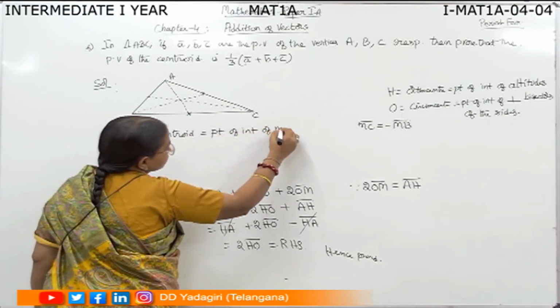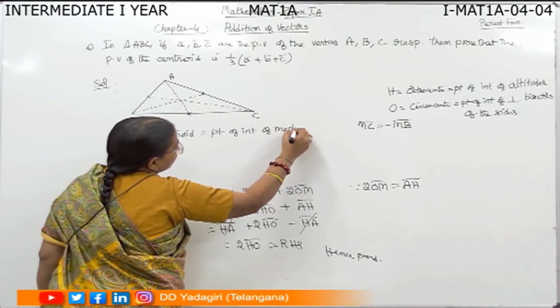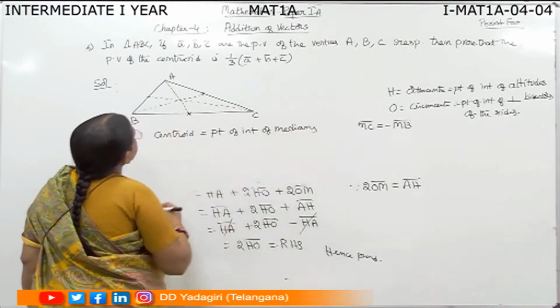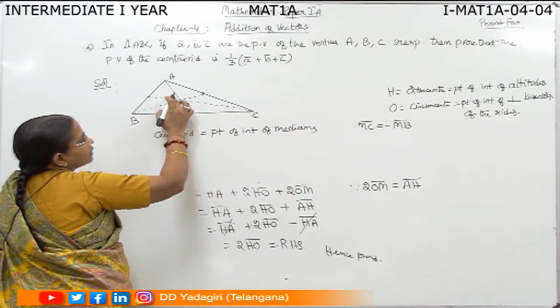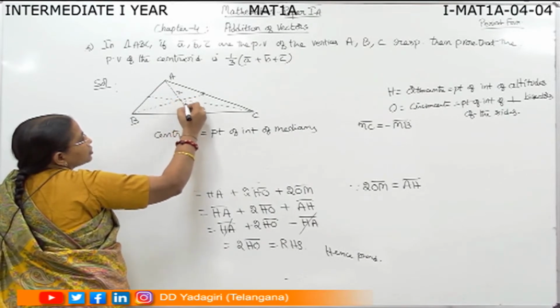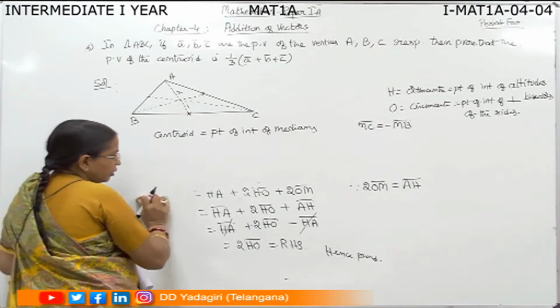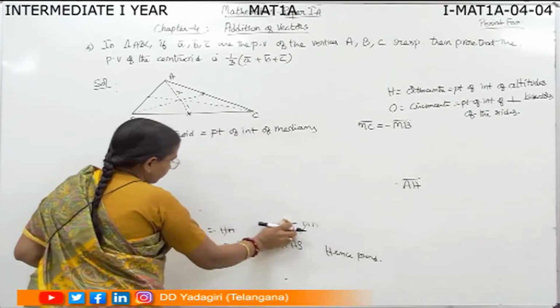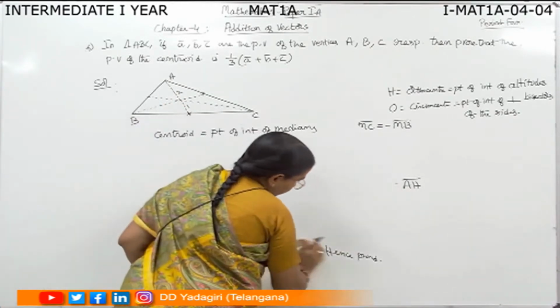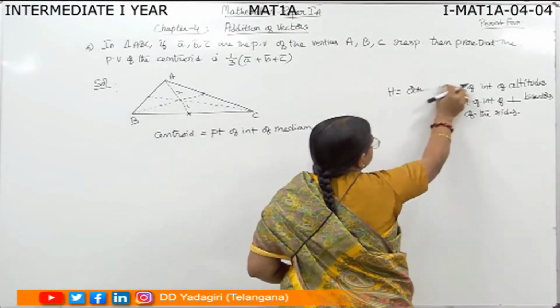Now we know that the centroid divides the median in the ratio 2:1. So what we'll do is we'll take the position vector of the midpoint of one side. Any one median is enough for us.